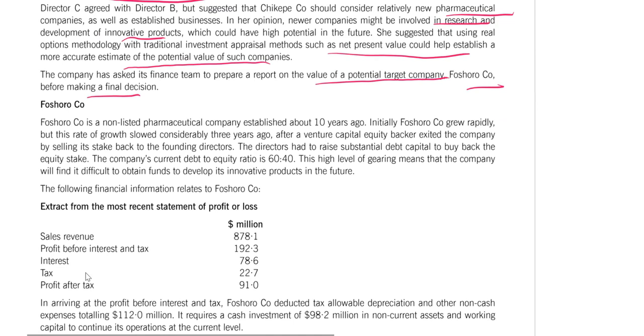Initially, the company grew rapidly, but this rate of growth slowed 3 years ago, after the venture capital equity backer exited the company by selling its stake back to the founding directors. The directors had to raise substantial debt capital to buy back the equity stake. The current debt equity ratio is very high. This high level of gearing means that the company will find it difficult to obtain funds to develop its innovative products in the future.